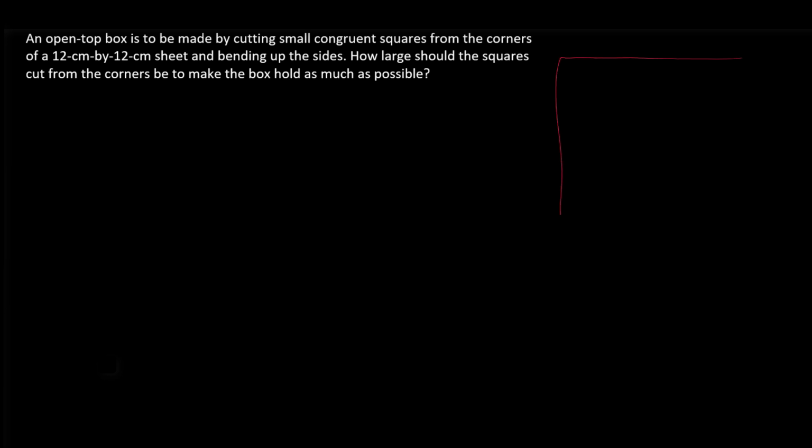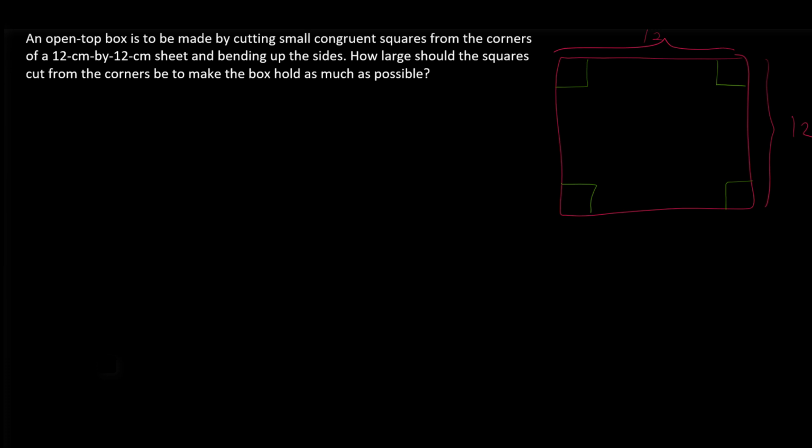So we have a sheet in a square form, where each side is 12 by 12, and we want to cut squares from the corners such that when we fold the sides, we can make a box with the maximum volume.